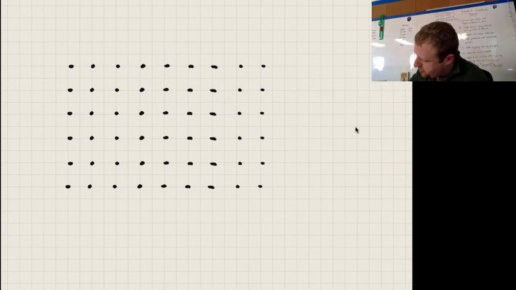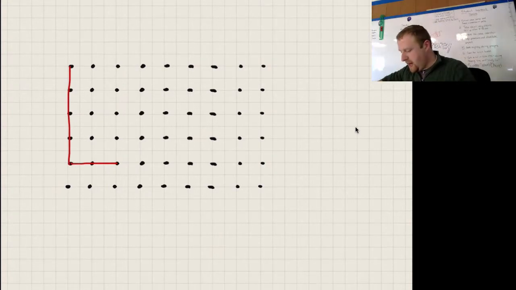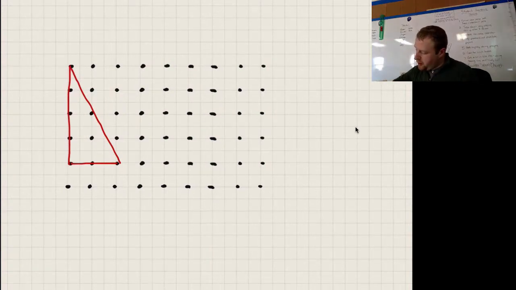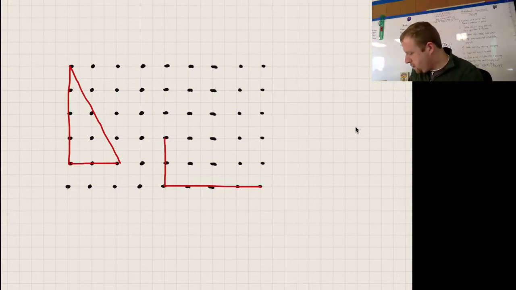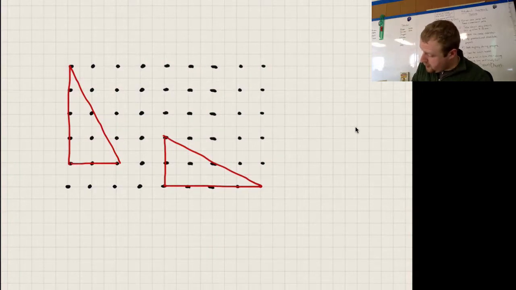That is 2 wide here, 4 wide there, and I just connect them. Now I'm going to draw another triangle. That's 4 there, 2 there, connected. That's good. These are both right triangles.